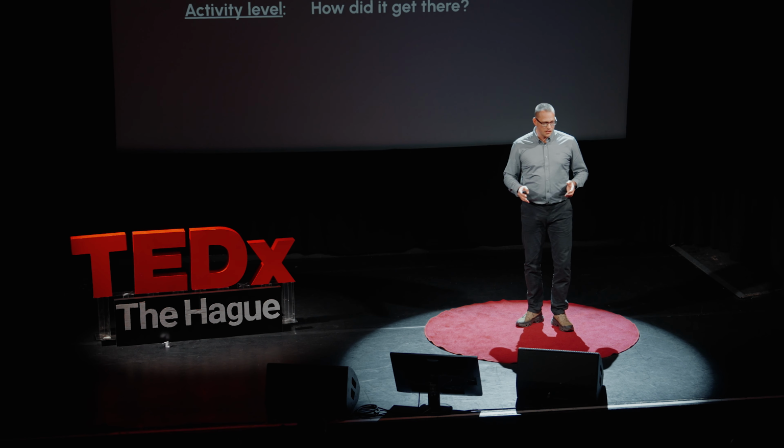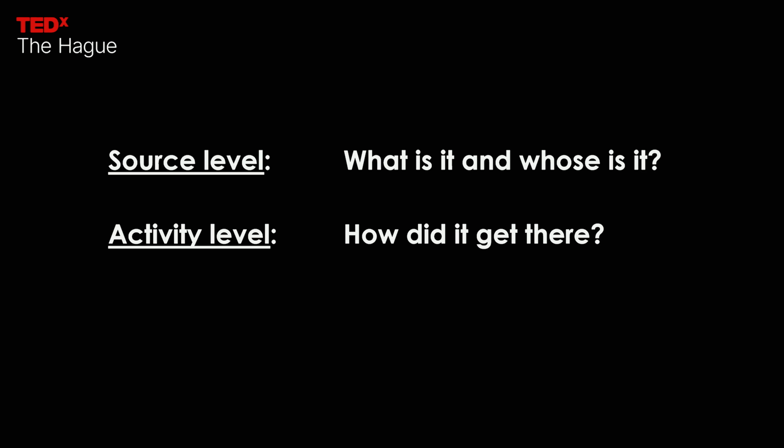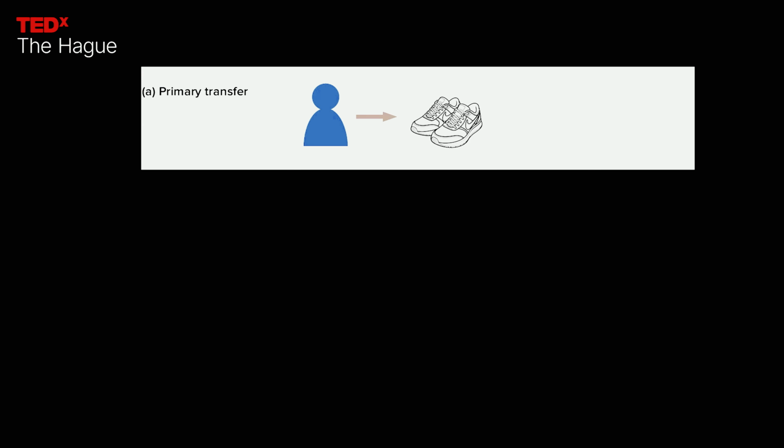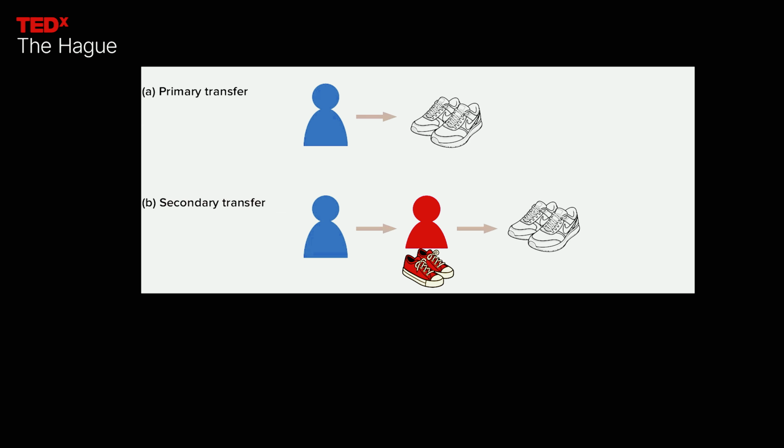The next question would be, how did it get there? How did that DNA end up on that shoe? And you can imagine that if I have a primary transfer because I am kicking somebody in the face, I would get a lot of DNA on my shoe. However, if there would be a secondary transfer by somebody else kicking the victim and then touching the shoe of the suspect, there would be less DNA on the shoe.